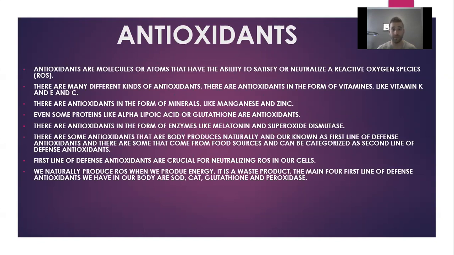One of the main jobs of this enzyme, this antioxidant that we produce, is to neutralize a free radical called superoxide. Where does superoxide come from? We produce it when we metabolize oxygen. So we produce superoxide dismutase to go and neutralize the superoxide so we can carry that waste out of the body properly.